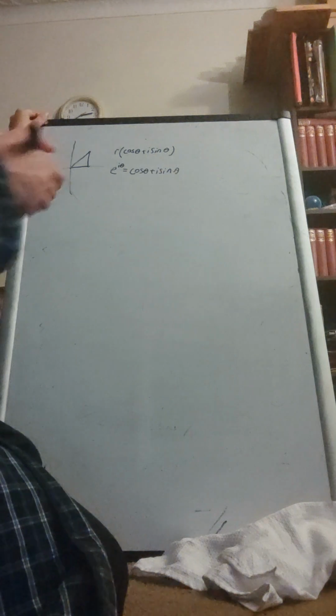And well, here we have a fairly simple expression, and say I wanted to isolate cosine on its own. Thinking about that, I could do e to the i theta plus e to the minus i theta.